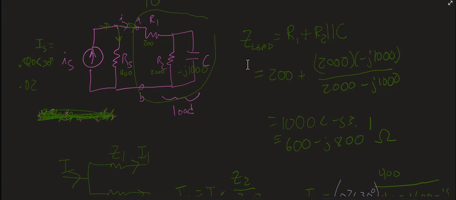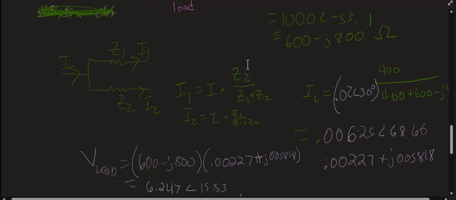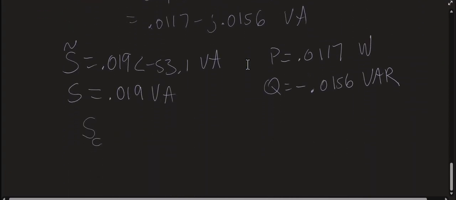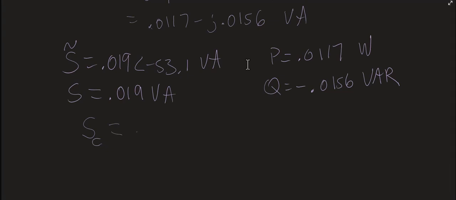And so all of the imaginary part has to be due to the capacitor. So I don't really have to do any more work for this. I can say that the apparent power for the capacitor is minus 0.156 var. Okay, that makes sense.